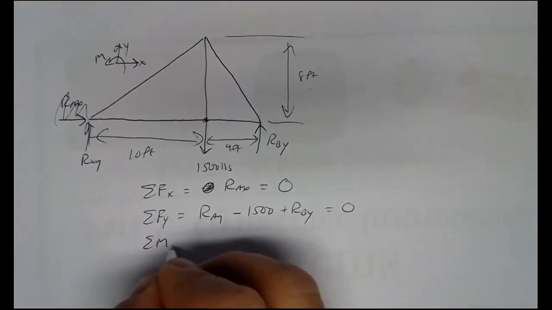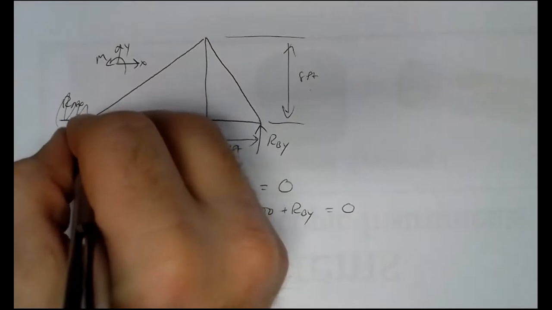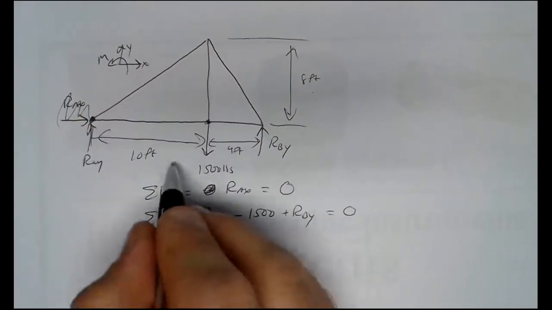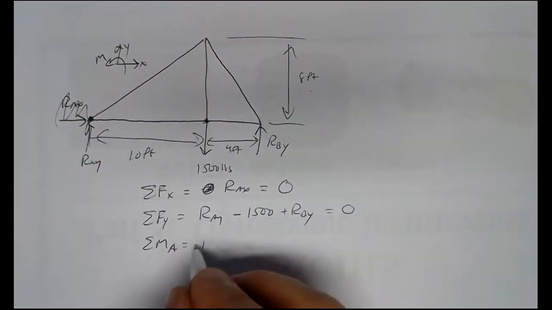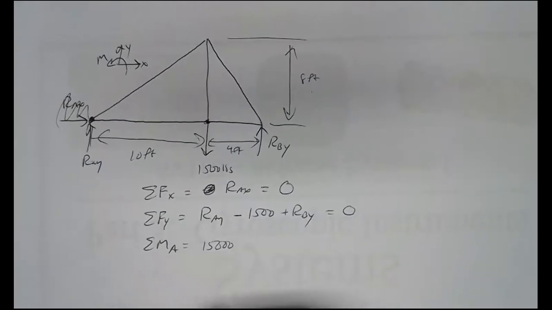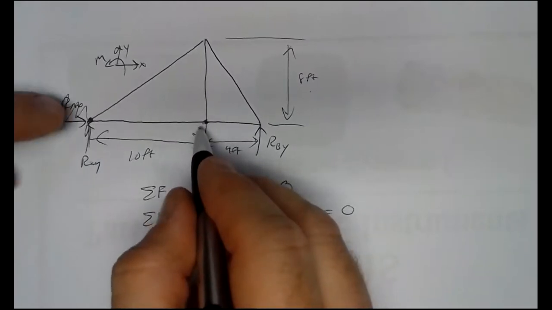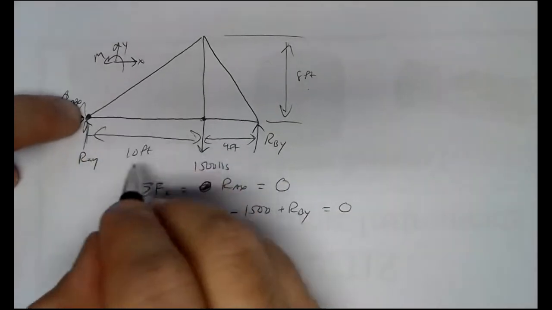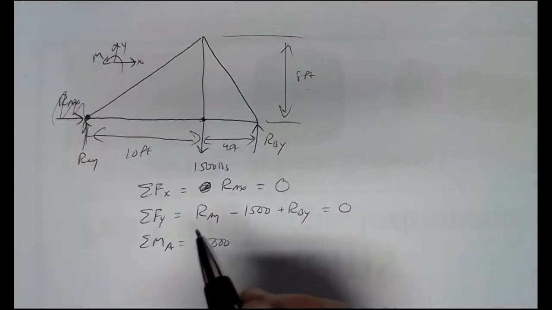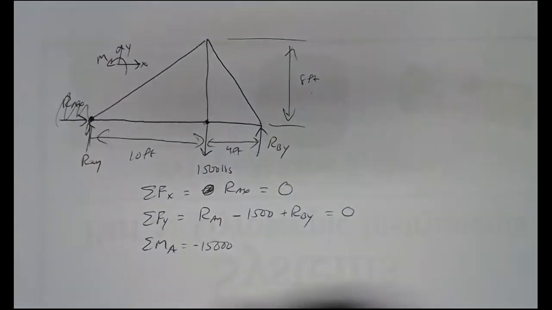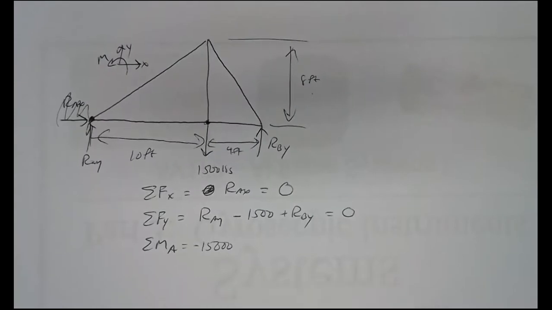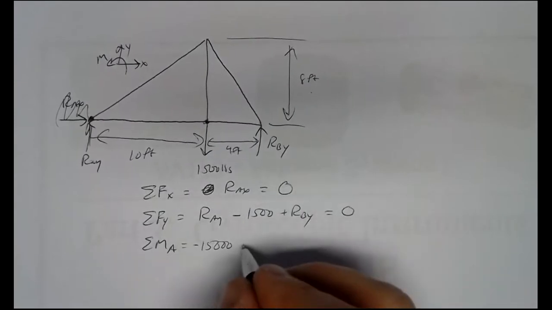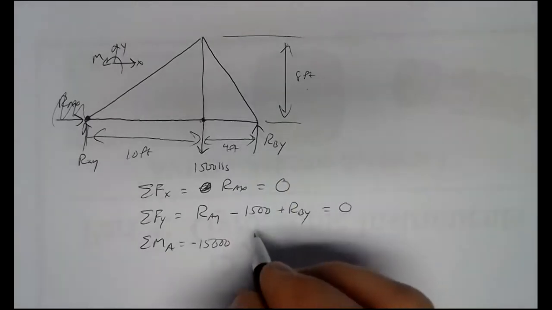Sum of moments, if we pick point A as our pivot point, we'll have 1,500 pounds 10 feet away, so that's 15,000 foot-pounds. Pinned at A, pulling down, would give us a clockwise moment. Clockwise moments are negative. Then we have RBY.